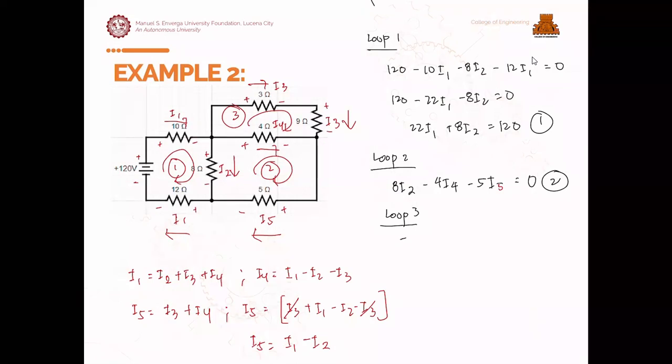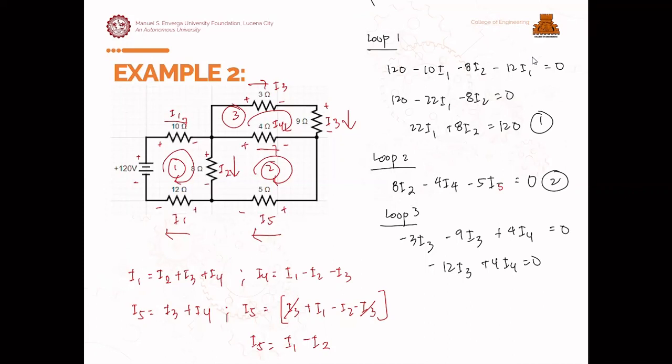So, 3I3. Then, we have negative 9I3. Then, papunta sa positive plus 4I4. Okay? Equals to 0. Or minus 12I3 plus 4I4 is equals to 0.